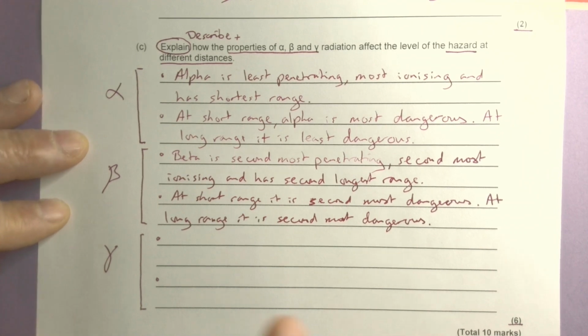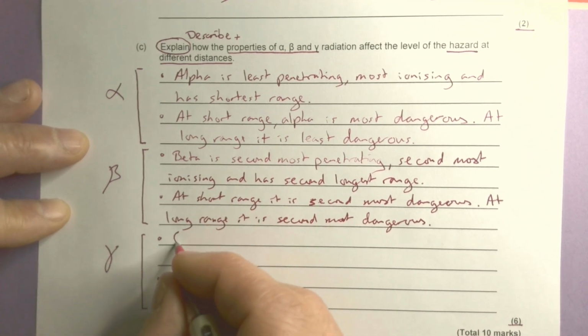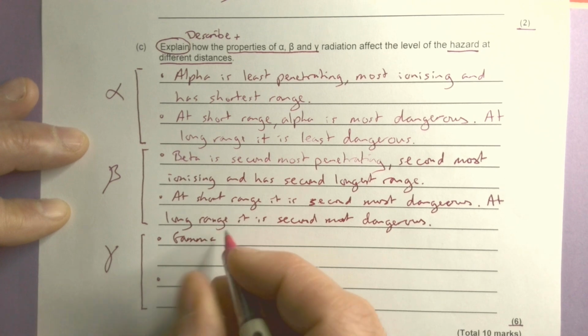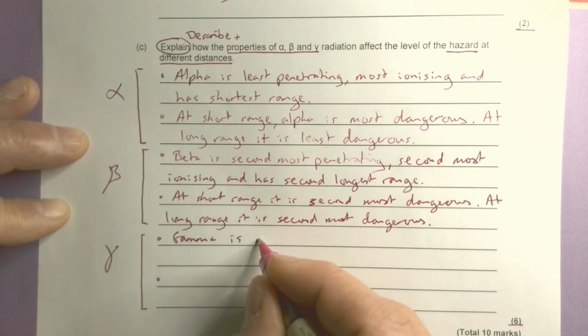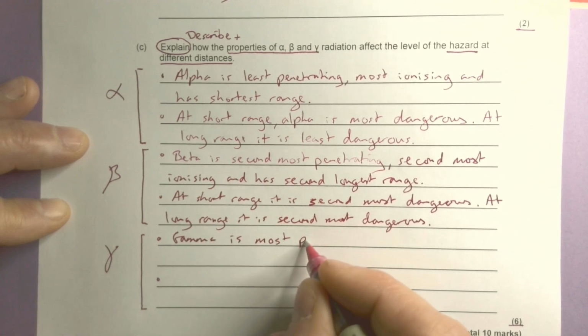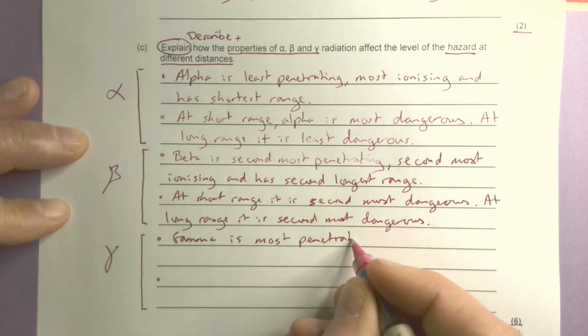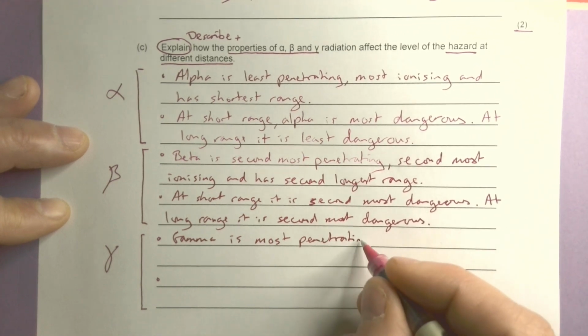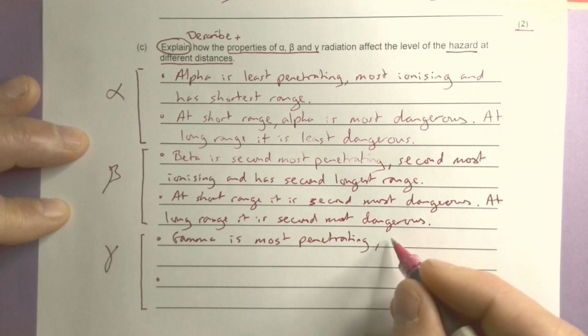Okay, and the last one is gamma. It is most penetrating. Be careful here, it's the least ionizing.